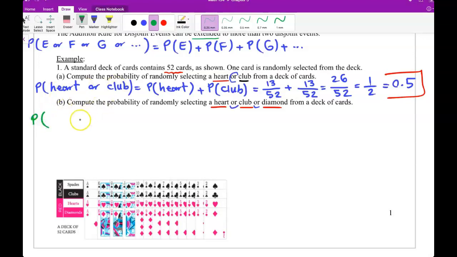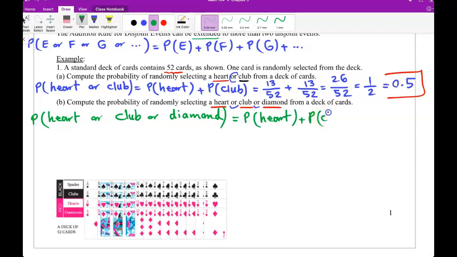Exactly the same as the previous part, now instead of 2, we have 3. So that is equal to finding each one individually and adding them.